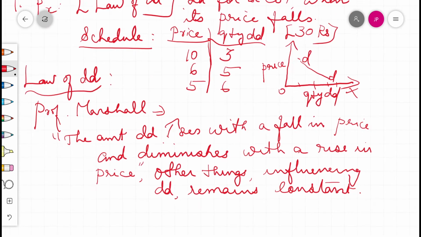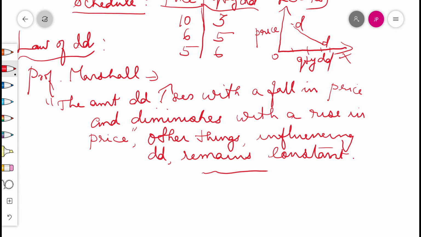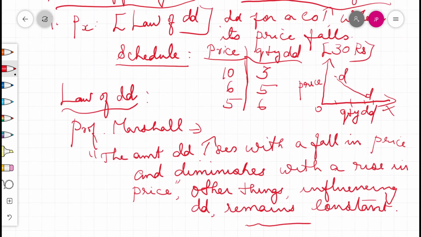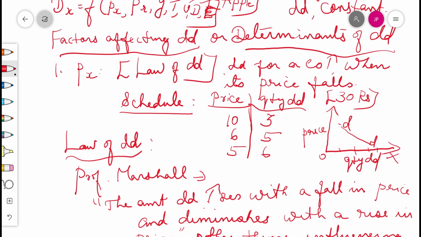Rather than price, demand is influenced by many other factors that we have seen in the demand function. Price of the commodity explains the law of demand. Price of related goods explains that there are related goods in the economy, like substitute goods and complementary goods.